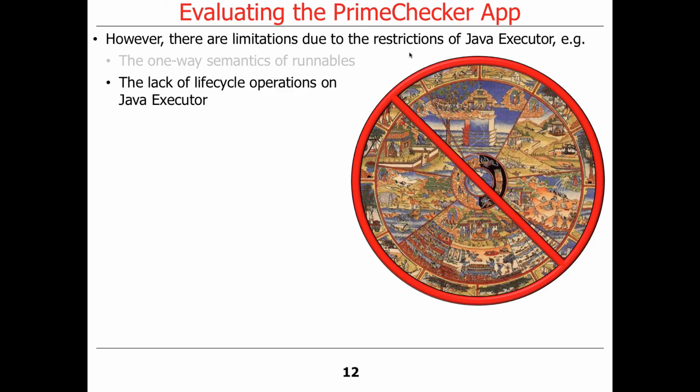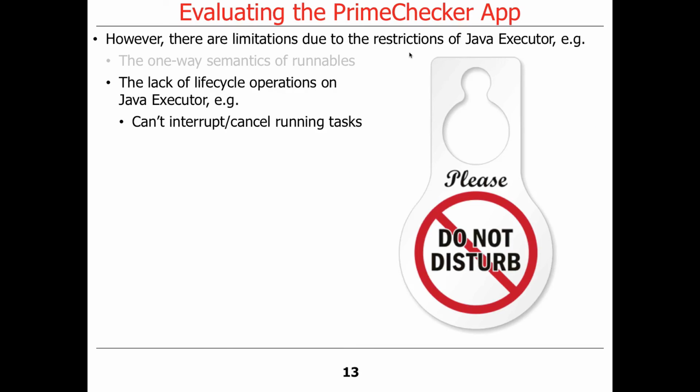So there is no support for lifecycle operations with the executor. You can only execute things. And that has some problems. One of the problems is you can't interrupt or cancel tasks that are running, because we have no way to get to them, right? We don't have any access to those threads, and there's no way to shut the executor down itself, because there's no method to get to it to tell it to shut down.